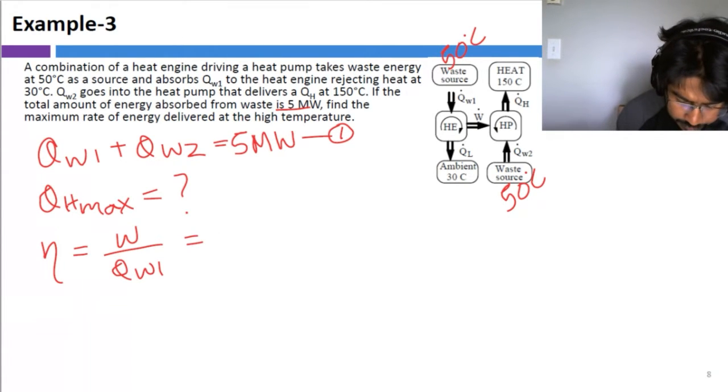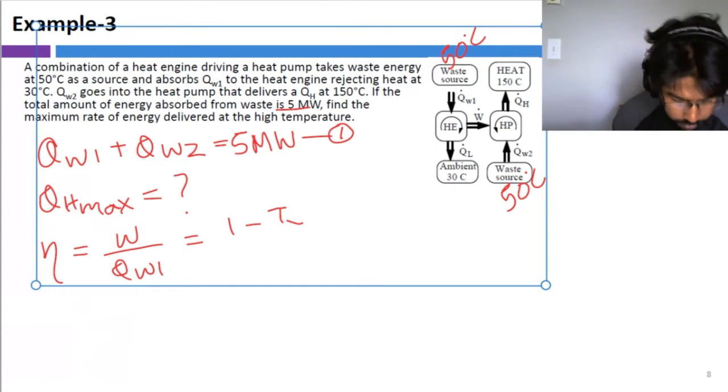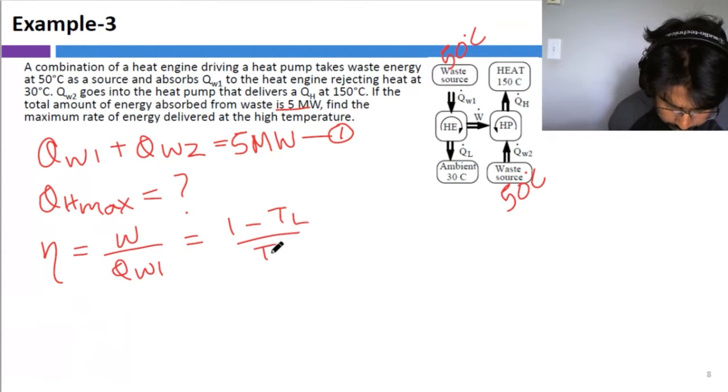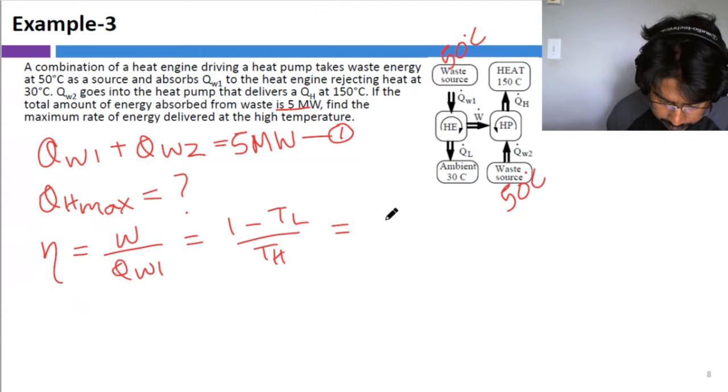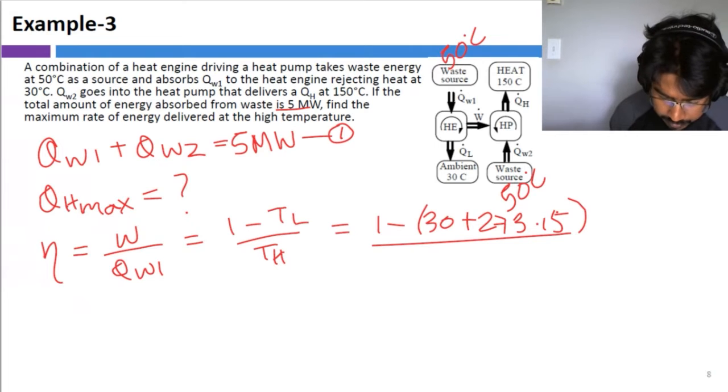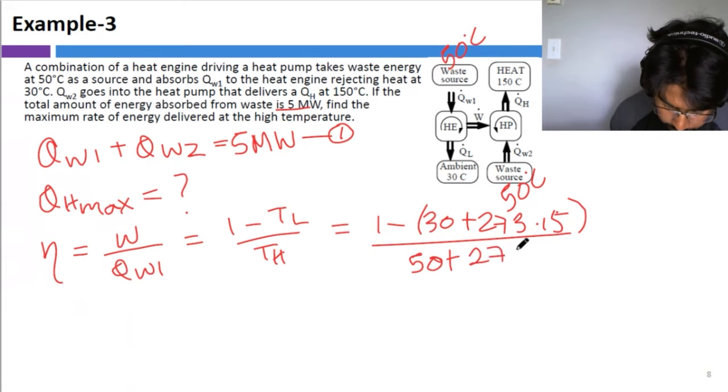We can write the same thing as 1 minus TL over TH. TL is going to be, in this case, 30 Celsius, so 1 minus (30 plus 273.15). It's very important we substitute in Kelvin, and then we divide by T high, 50 plus 273.15. That's the second relationship.